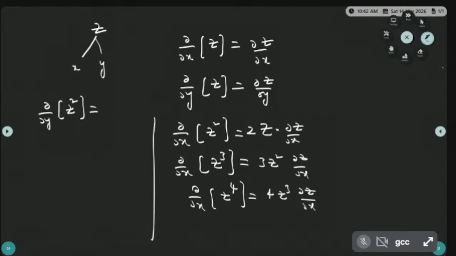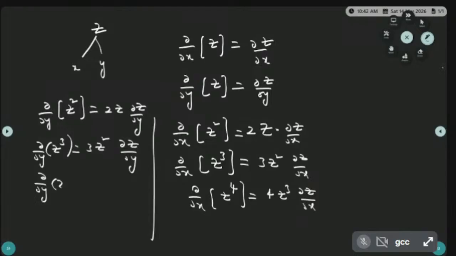Differentiation of z square with respect to y is 2z into dou z by dou y. Dou by dou y of z cube is 3z square into dou z by dou y. Dou by dou y of z power 4 is 4z cube into dou z by dou y.